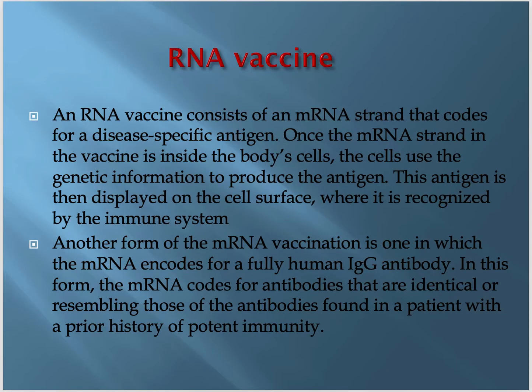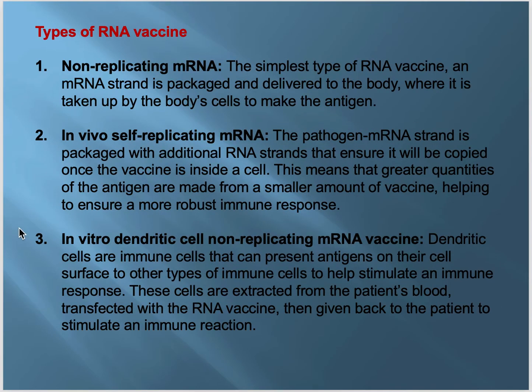Anyway, there are different types of RNA vaccine, usually three types: non-replicating messenger RNA, in vivo self-replicating messenger RNA, and in vitro dendritic cell non-replicating messenger RNA vaccine. The non-replicating messenger RNA is the simplest type of RNA vaccine. A messenger RNA strand is packaged and delivered to the body, where it is taken up by the body cells to make the antigen.